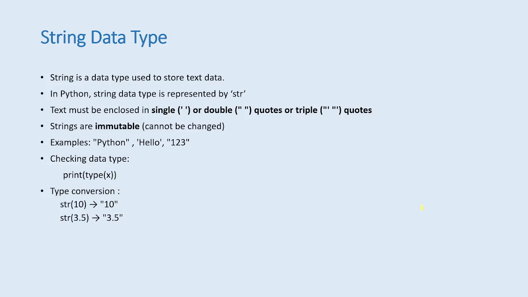So string is used to store text data, and any sequence of characters which we store inside the quotes is called a string. String data type is represented by str. So let's see in Jupyter Notebook how to create a string.